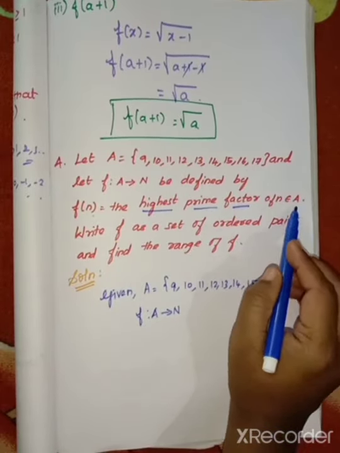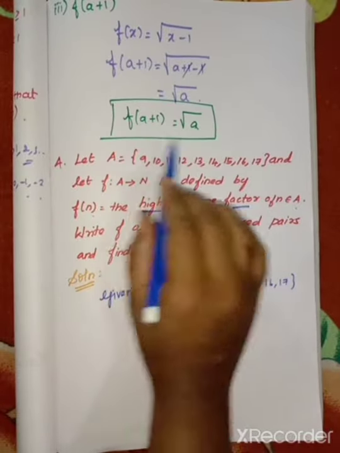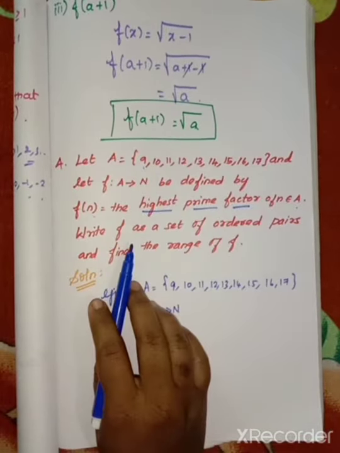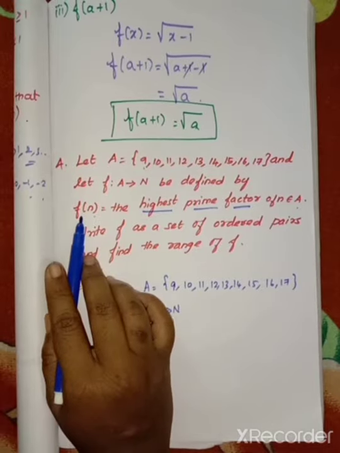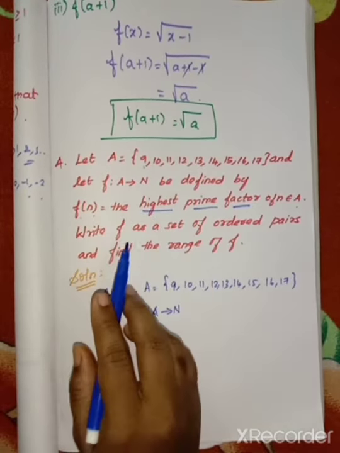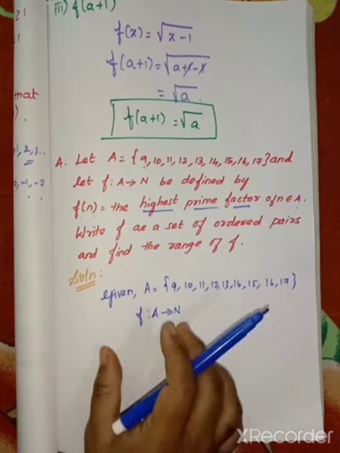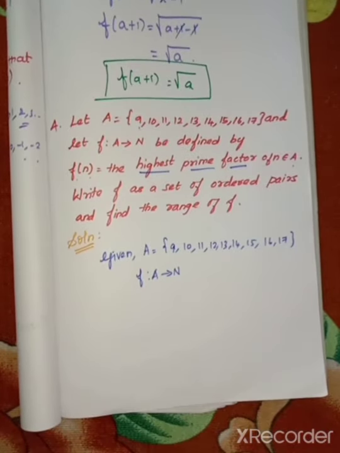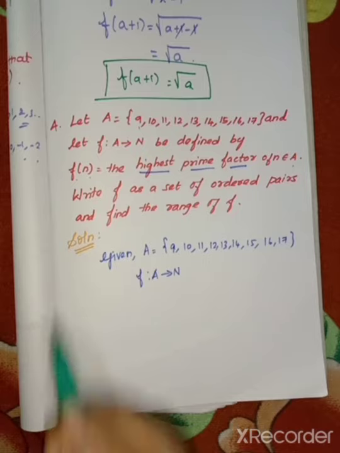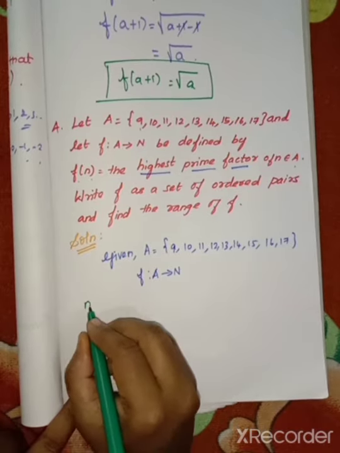For the set A, for 9, what is the highest prime factor? That is f of n. For 9, likewise 10, likewise 11, we want to find it. Then we write the set of ordered pairs, and the range also. First, n is 9.